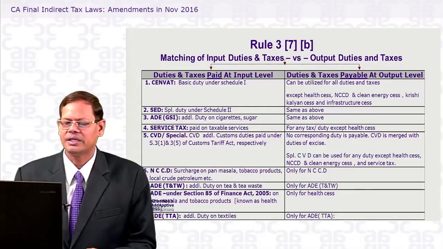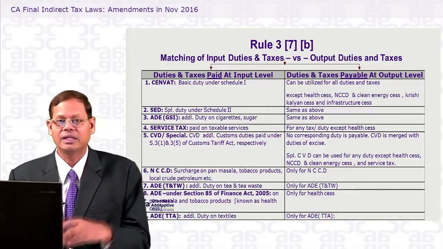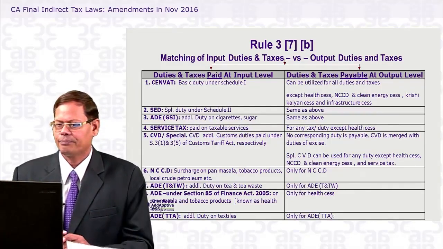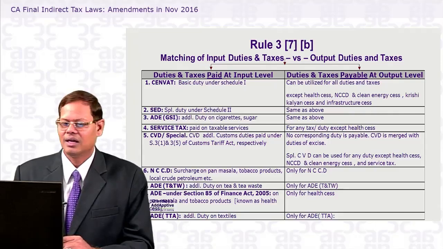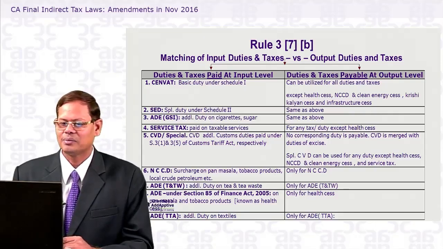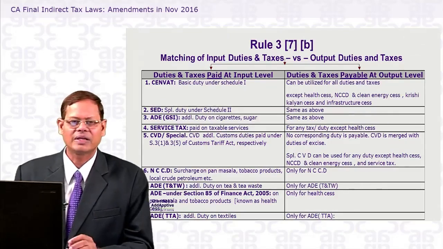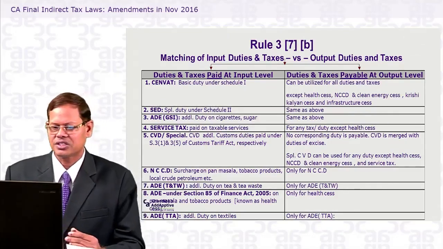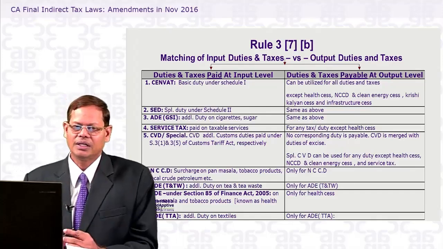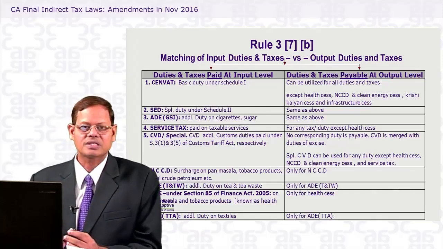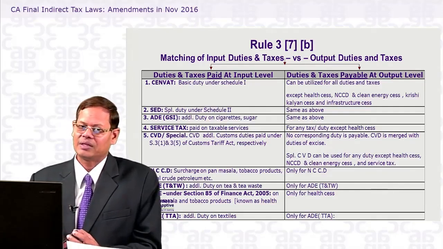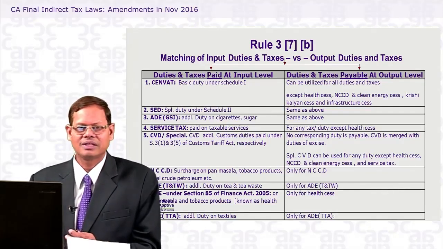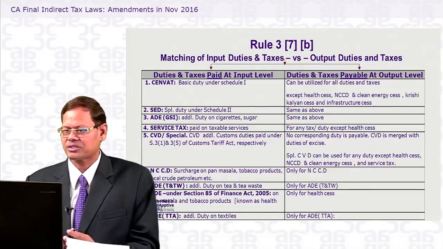Similarly, clean energy cess, also known as clean environment cess, and Krishi Kalyan cess. Of course, Krishi Kalyan cess is not for the November examination, because it is payable at 0.5% only with effect from 14th May. So for the November examination it is not relevant, even infrastructure cess.